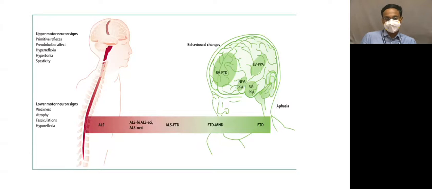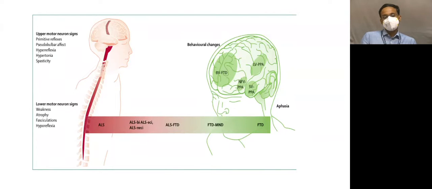And this is very important because the disease starts in a particular way, and then it progresses in a particular way. So what is important, reiterating all throughout my talk, is that this is a progressive disorder, and it is not something that's static. Progression is an important hallmark in this condition.